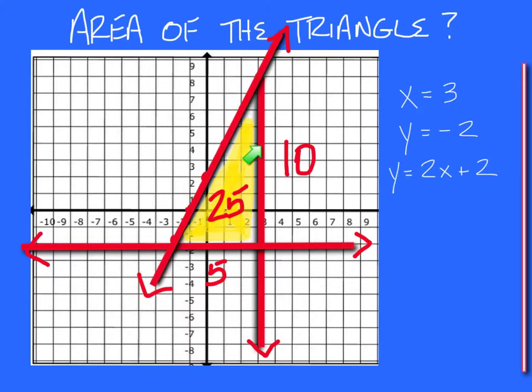Notice it's created a triangle, and if you count off the blocks, you have a base of 5 and a height of 10. The formula for the area of a triangle is area equals base times height divided by 2. So in this case it would be 5 times 10 is 50, divide by 2, that's 25.